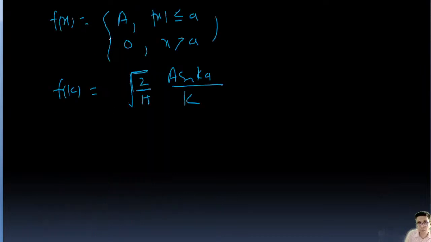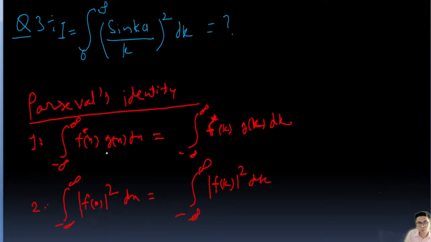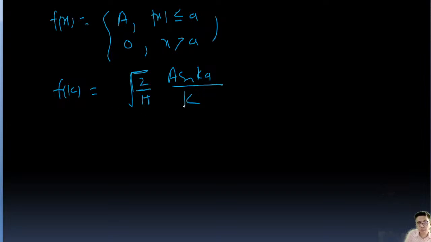And if this is the function, then this answer we know because I have already solved it for you. So this is the value of f(k), right? Now we are going to use the Parseval theorem, the Parseval identity. Here f(k) we know, right?